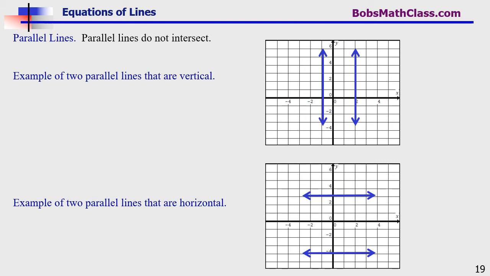What would the equation of the line at the top be? Again, horizontal lines are always y equals. It's always whatever it goes through on the y-axis. So the top line, the equation would be y equals 3. The equation of the bottom line, also y equals, looks like y equals -4.